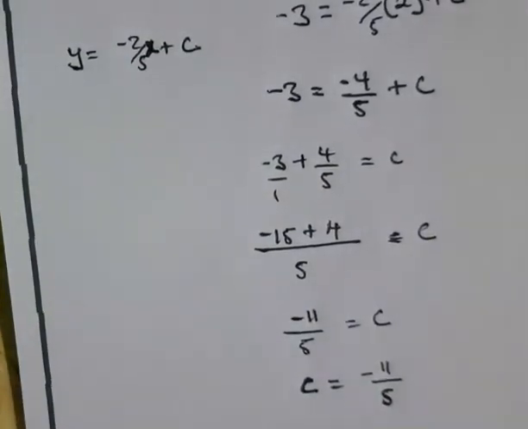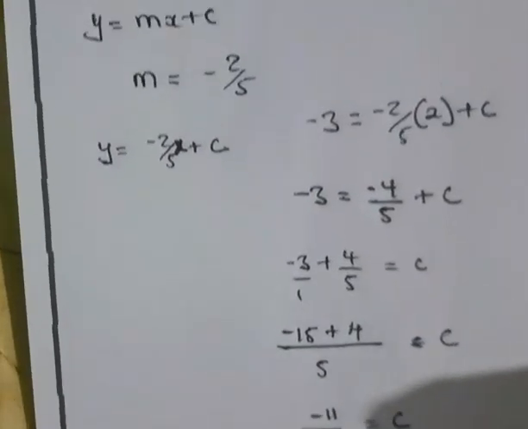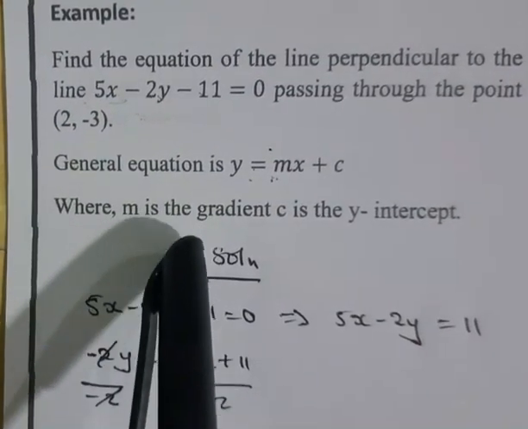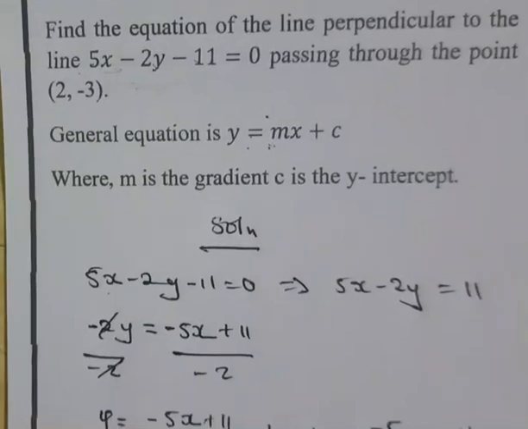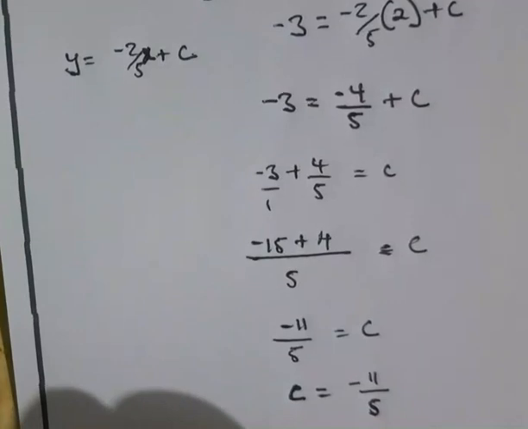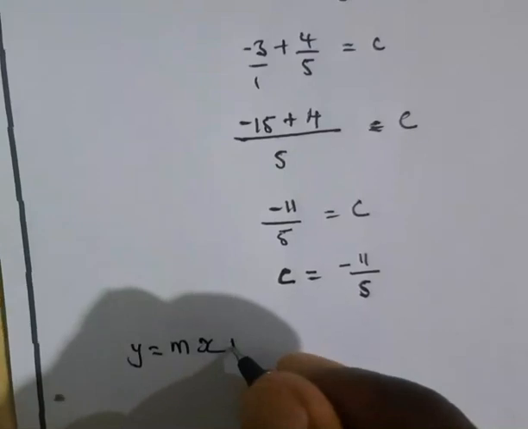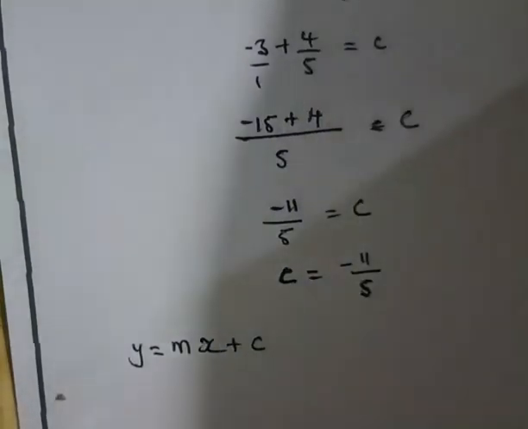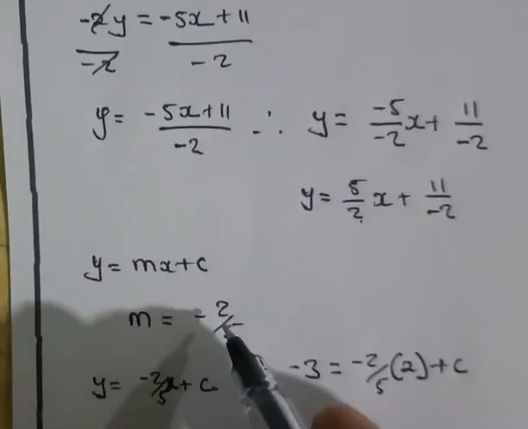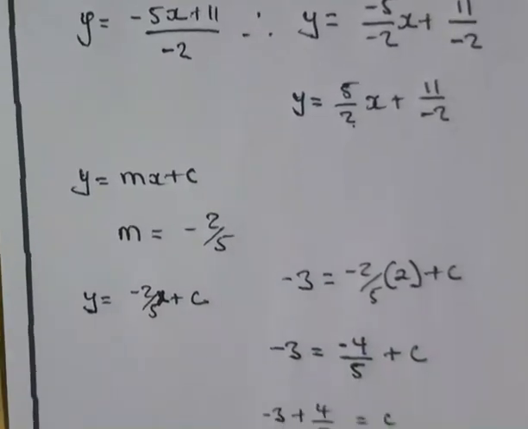All right, so let us go ahead and write the general equation of the line, where we say that the general equation is y equals mx plus c. Did we find m? Well, we had found our m to be negative 2 over 5.